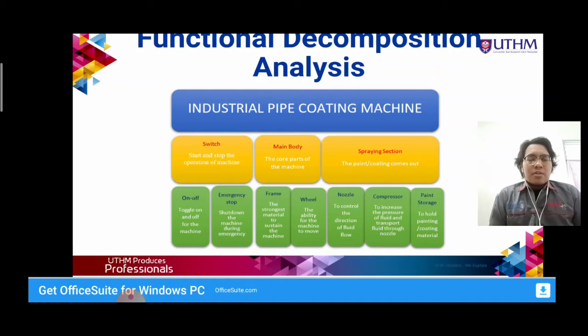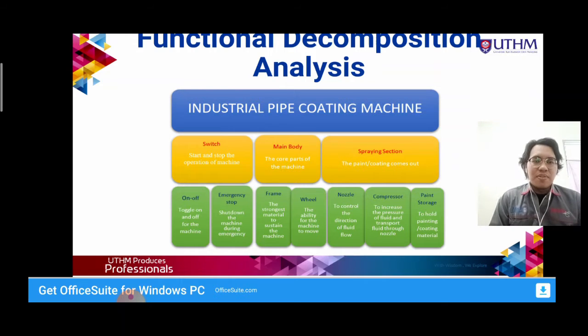Next, we have the main body. It consists of the frame and the wheel. The frame, we can call it the chassis of the machine, that we use to make the machine. And then the wheel is used to move the pipe along the machine.